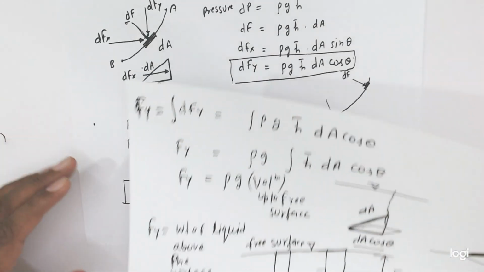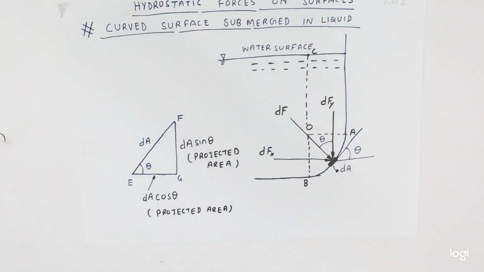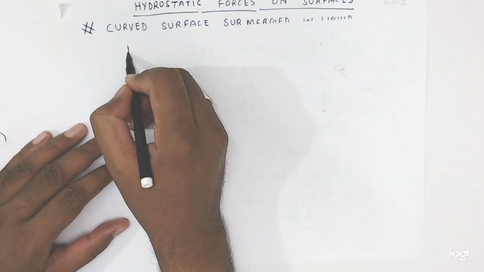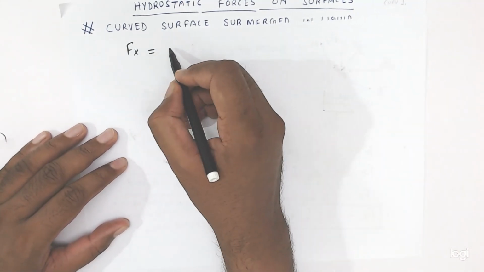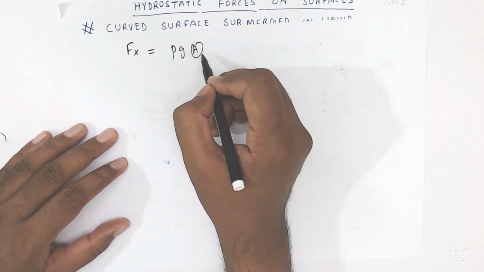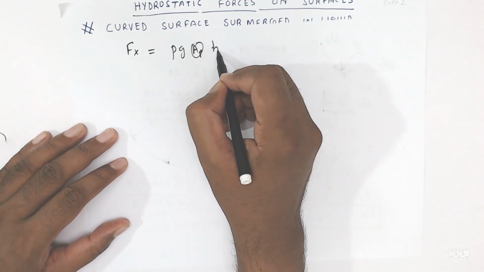Now here we have calculated Fx value, equal to horizontal force, equal to what? Rho g into the projected area, or you can say AP, into h bar.